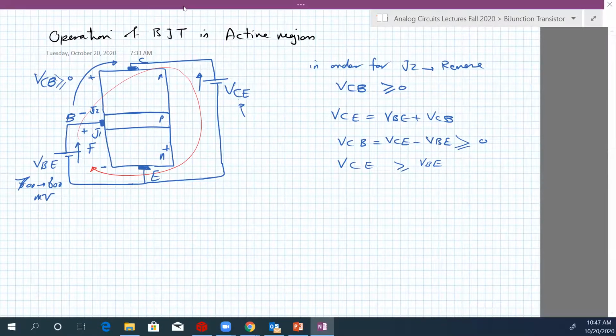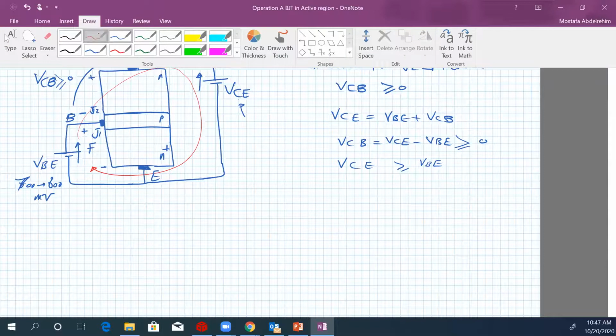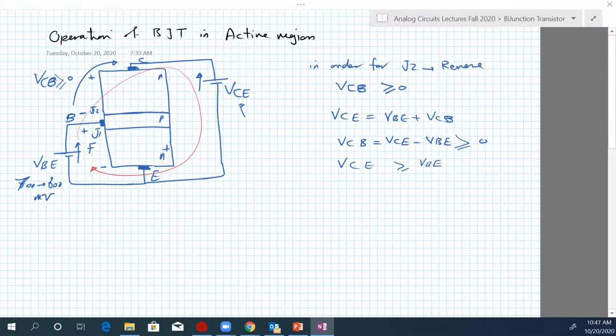If you have a forward bias junction and one of the N or P is heavily doped, it will have more current than the other. So we expect to see more current flowing from the emitter to the base rather than holes flowing from the base to the emitter.